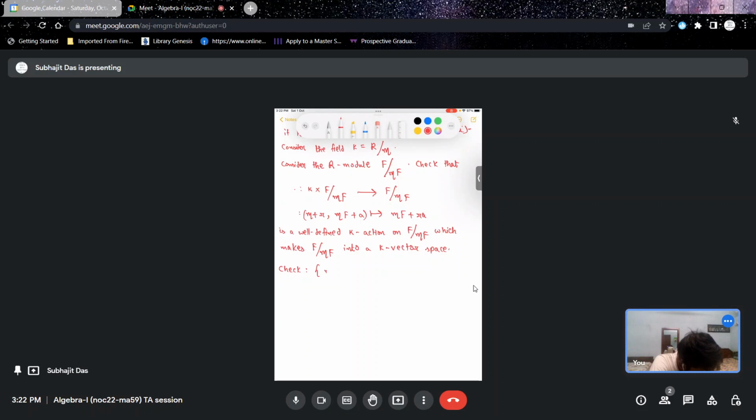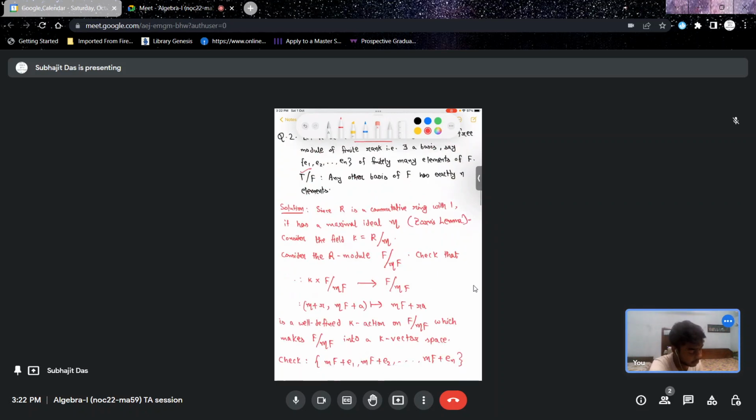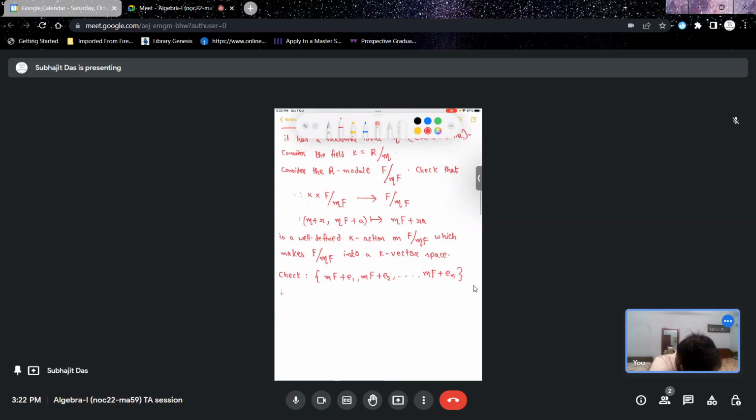So check that MF plus e_1, MF plus e_2, up to MF plus e_n, where e_1 up to e_n is the original basis that we took for the free module F over R, is a basis of the K vector space F mod MF. That is, check that this particular set is linearly independent over K as well as that it spans F mod MF. It clearly spans F mod MF since e_1 up to e_n span F.